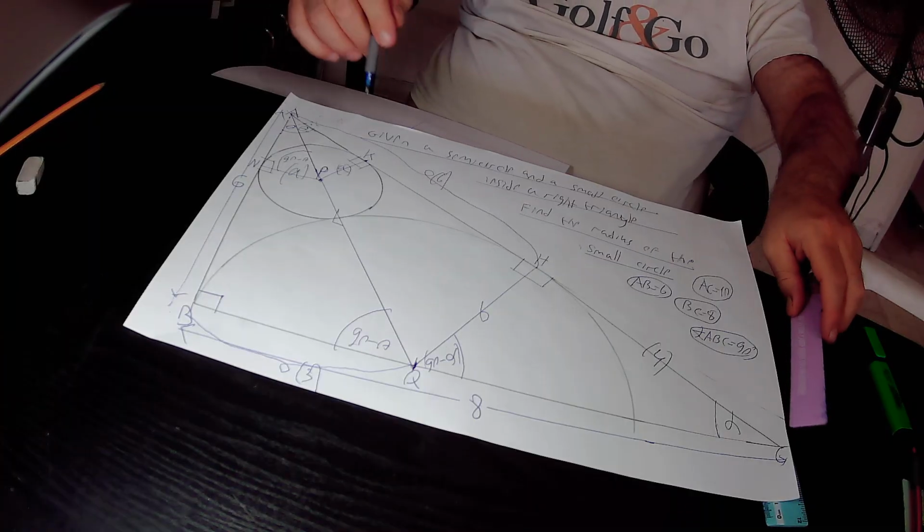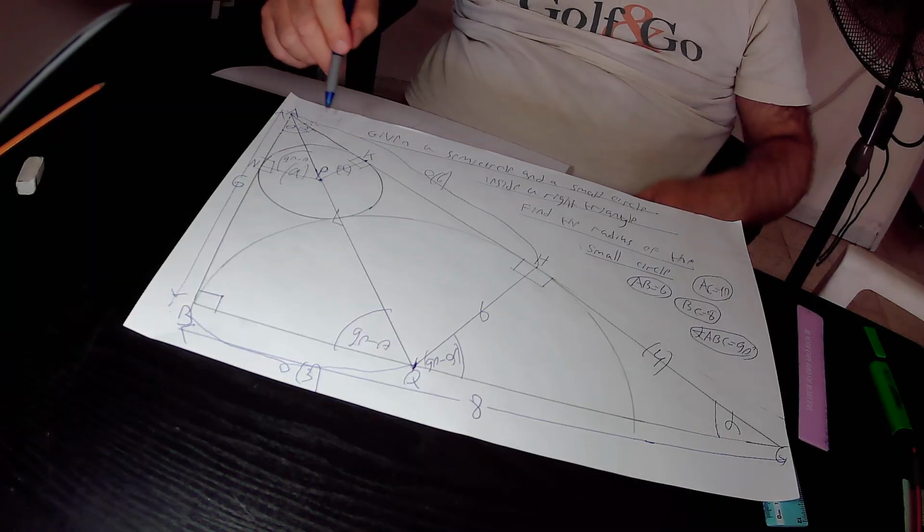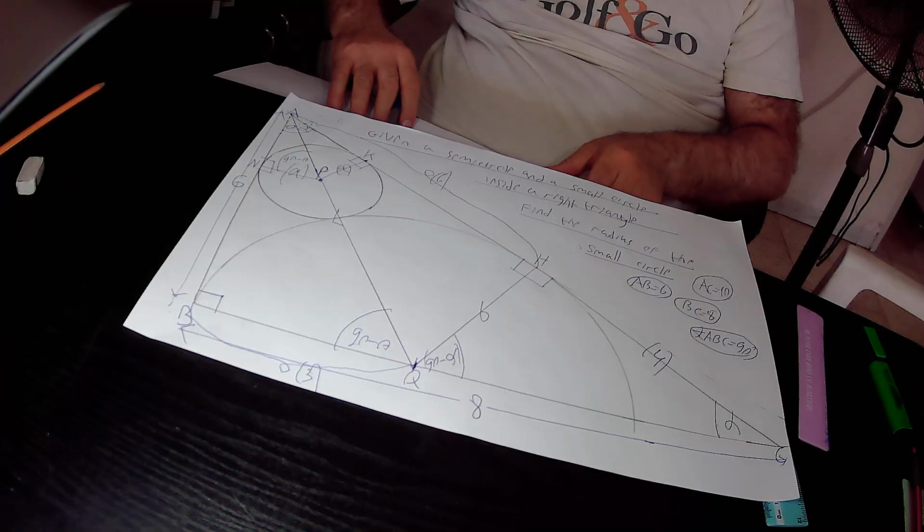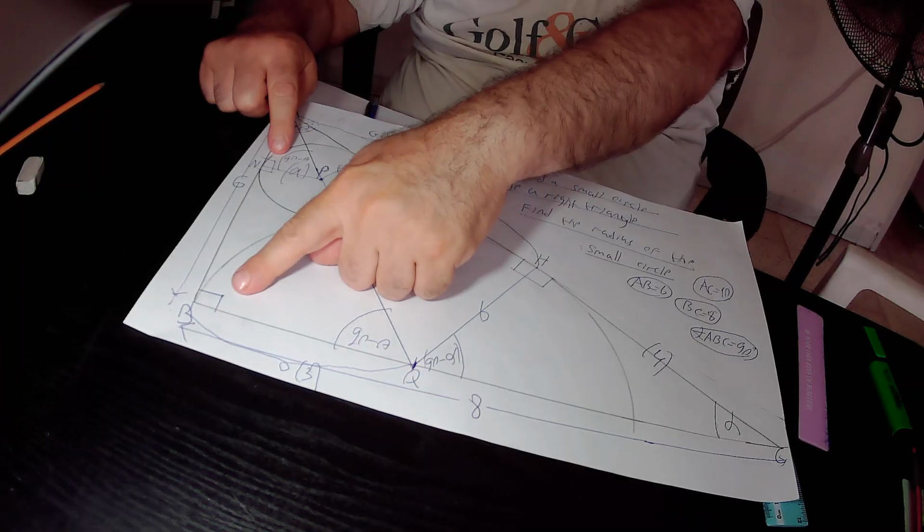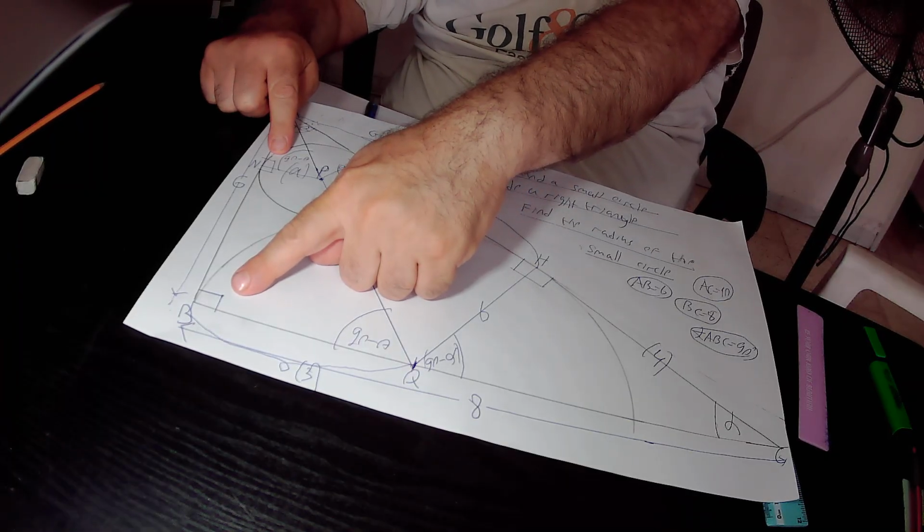So why is the big right triangle ABQ similar to the small right triangle ANP? First of all, those two angles are both equal to 90 degrees, therefore they are equal to each other.